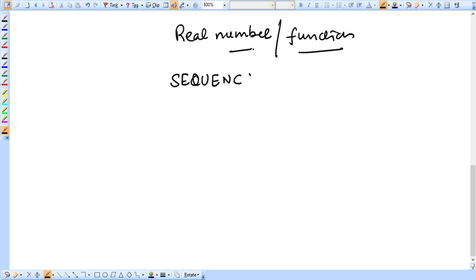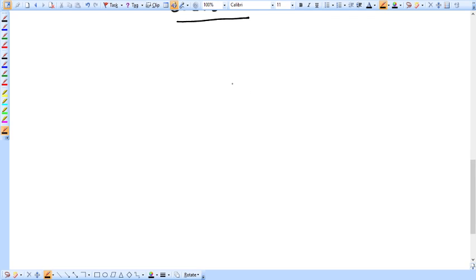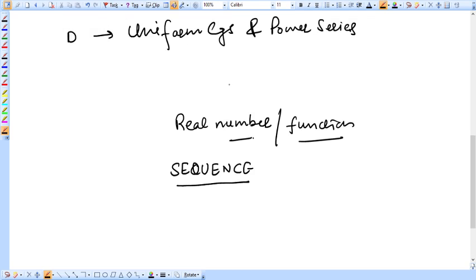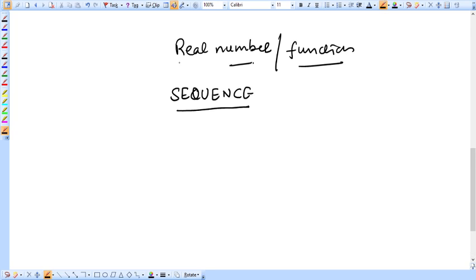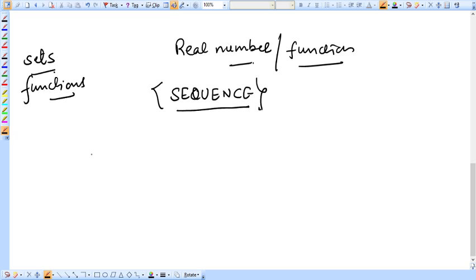So today's topic is sequence. Firstly I'm going to tell you what a sequence is. We have studied sets, we have studied functions in elementary classes. Now we are going to study what a sequence is. A sequence is also a function.